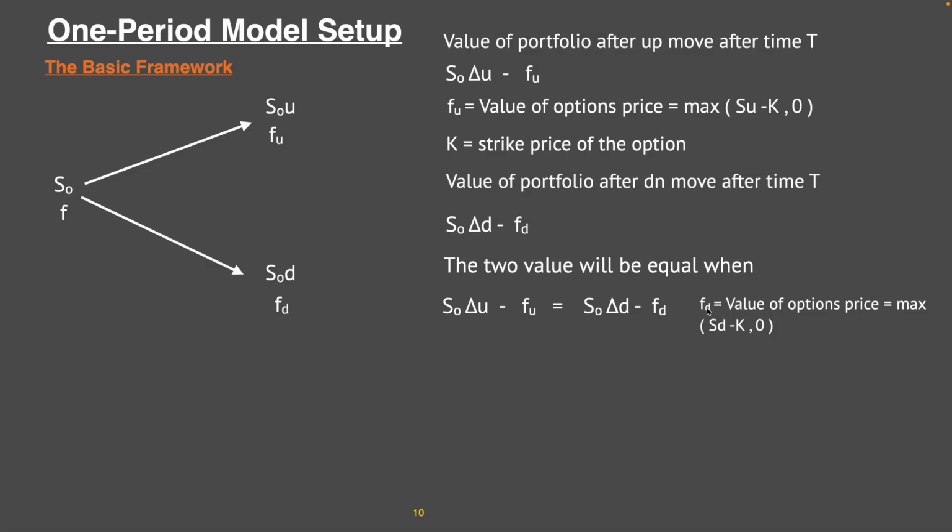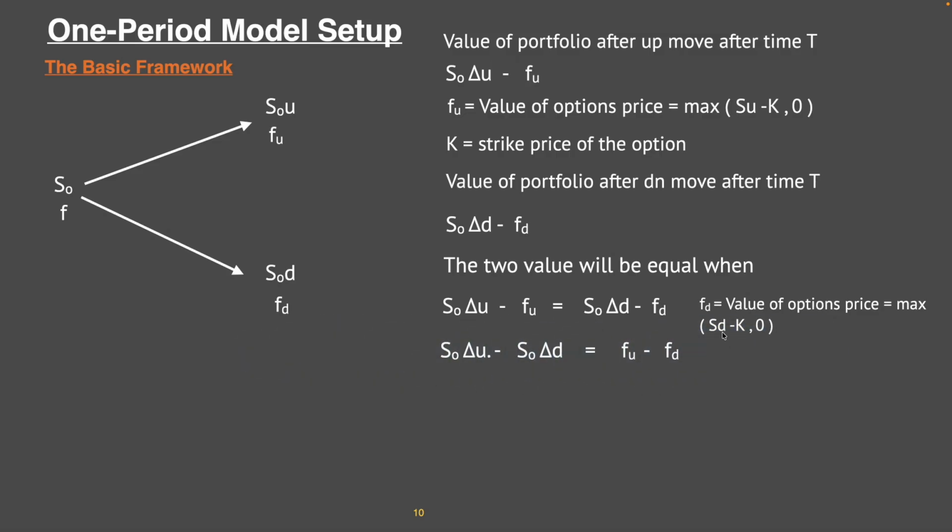In case of FD, that is the option when the underlying price moves by D, it will be max of SD minus K comma 0.